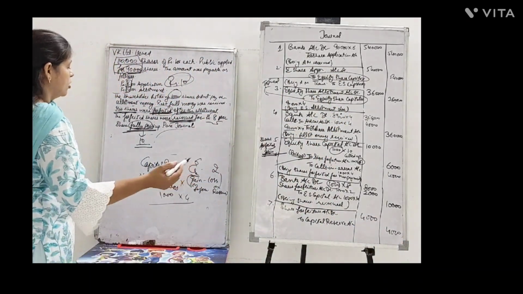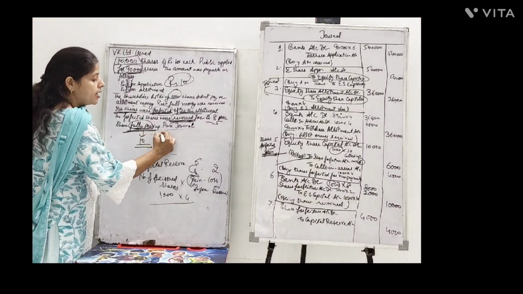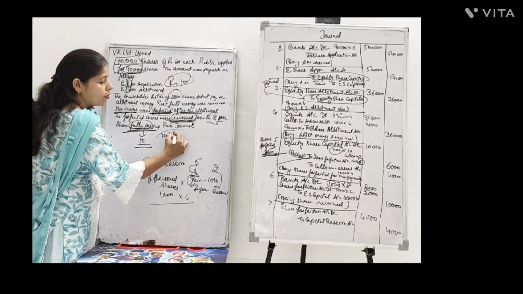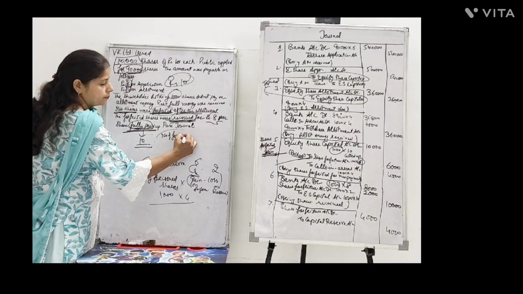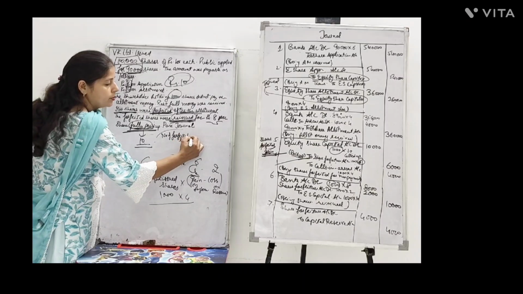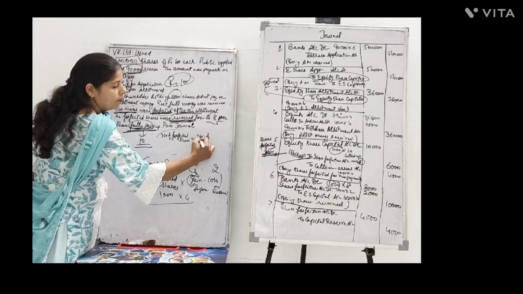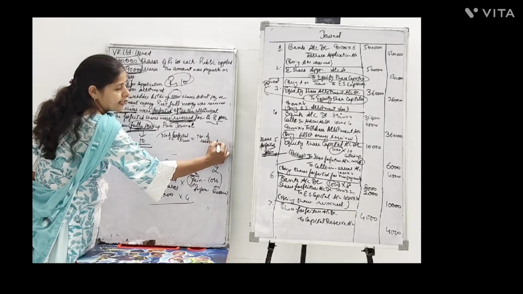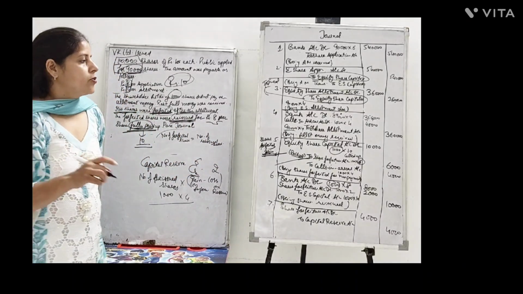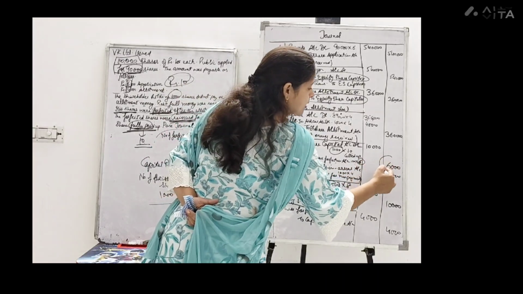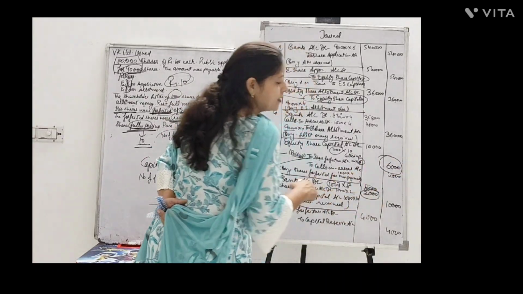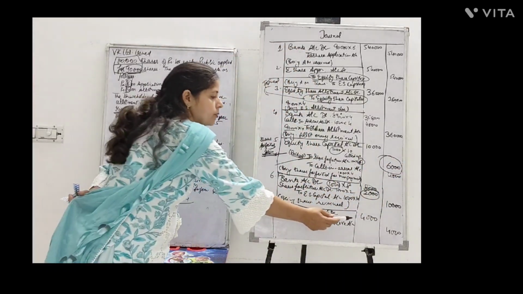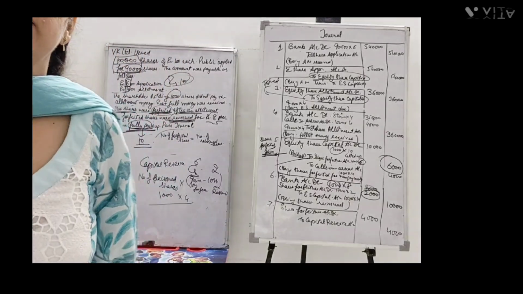You can take it directly also, because here the number of forfeited shares was equal to the number of reissued shares. So you can directly take your capital reserve amount, that is 6000 minus 2000, that is ₹4000 here, right?